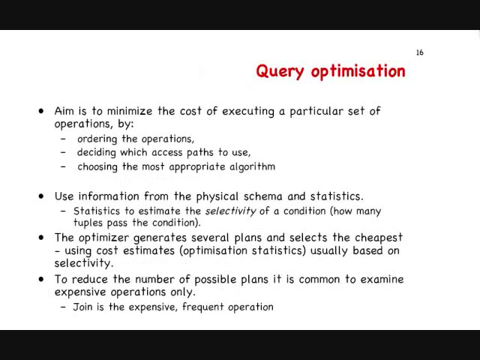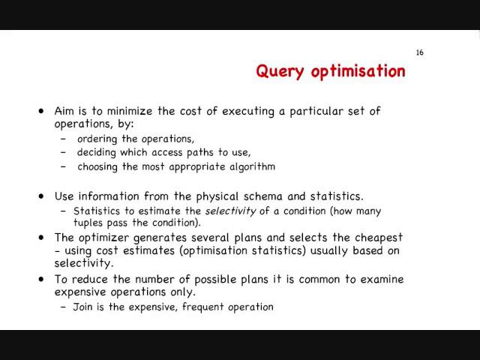Right. Now, what we're trying to do in this is to reorder the operations, decide which indexes and so on to use, which access paths, choosing by some appropriate algorithm.